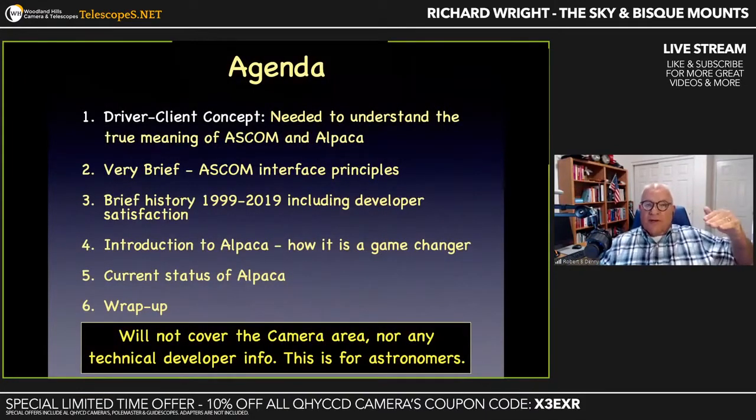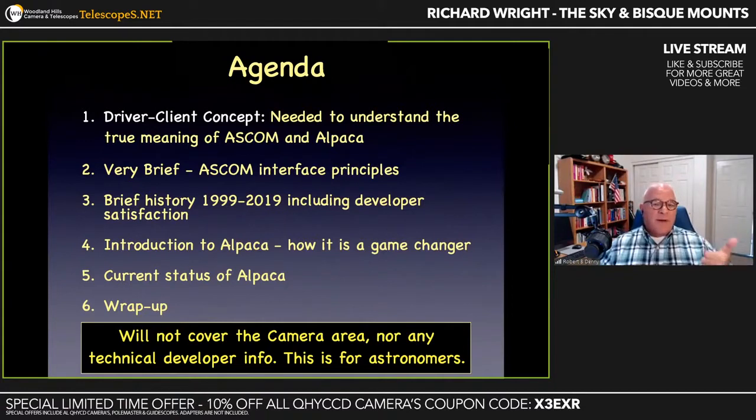What we're going to go through today is first talk about what's called driver client. This has been around in computing for 60 years, let's say 50, since the late 50s, early 60s. You need to understand what this is and why it's important for our industry and for our ecosystem.